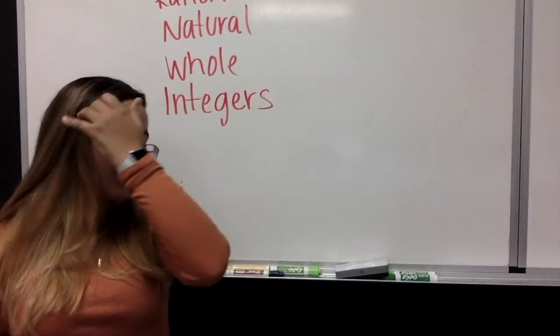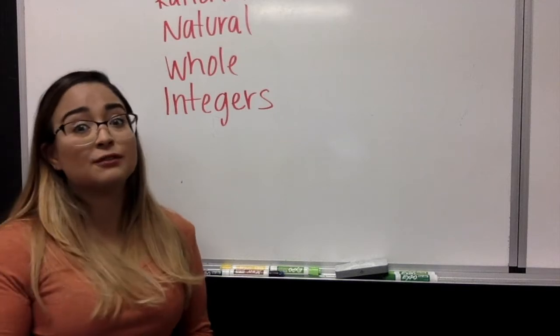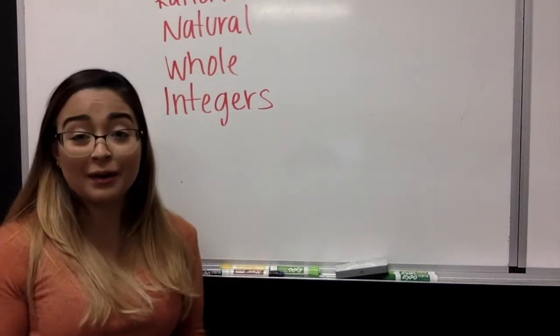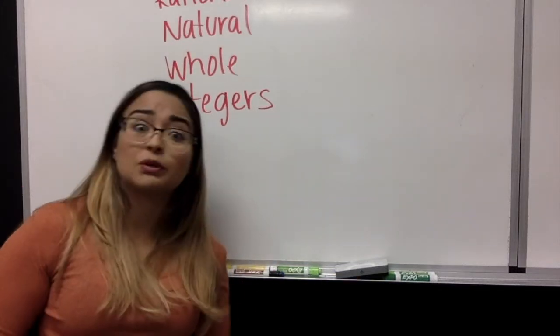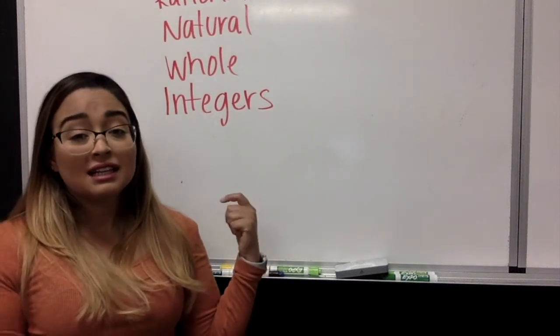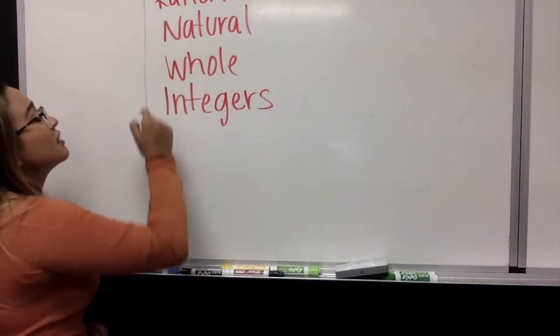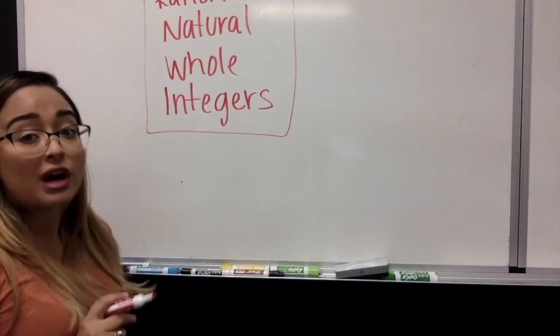Integers, remember, are the injured numbers, the ones that have the little slashes in the front. They are our negative numbers. So -1, -2, -3, and then 0, 1, 2, 3. All those numbers are counted as integers. Now, all of these together are our rational numbers.